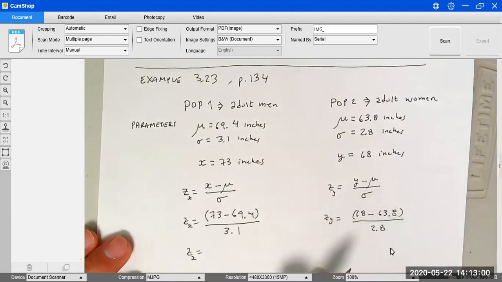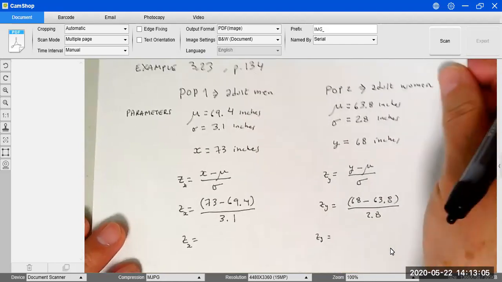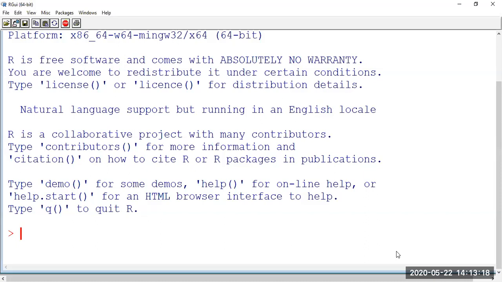So now we're going to get two z-scores that we can say something about. Let's work on this by using our R console. You can also use just an ordinary calculator. I'm going to do 73 minus 69.4, don't forget the parenthesis, divided by 3.1.